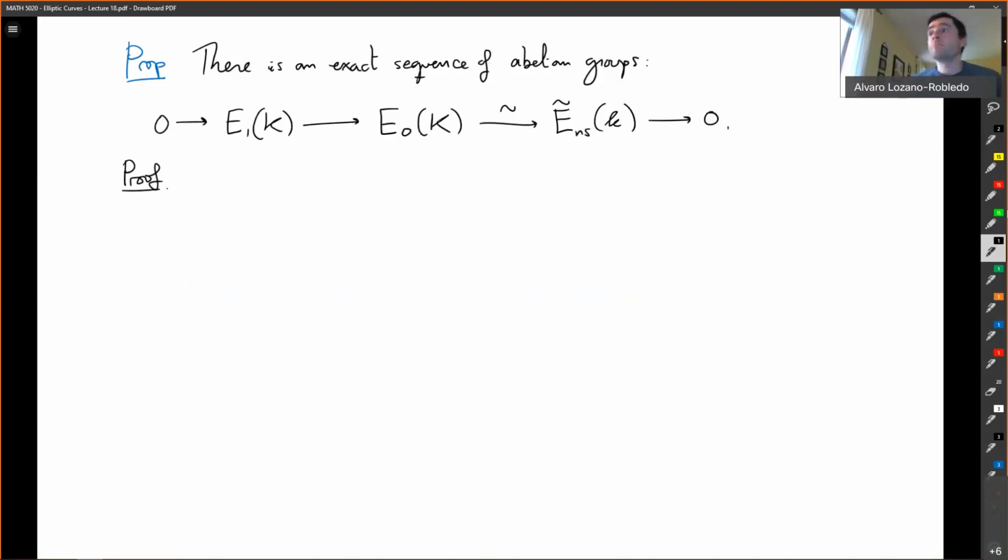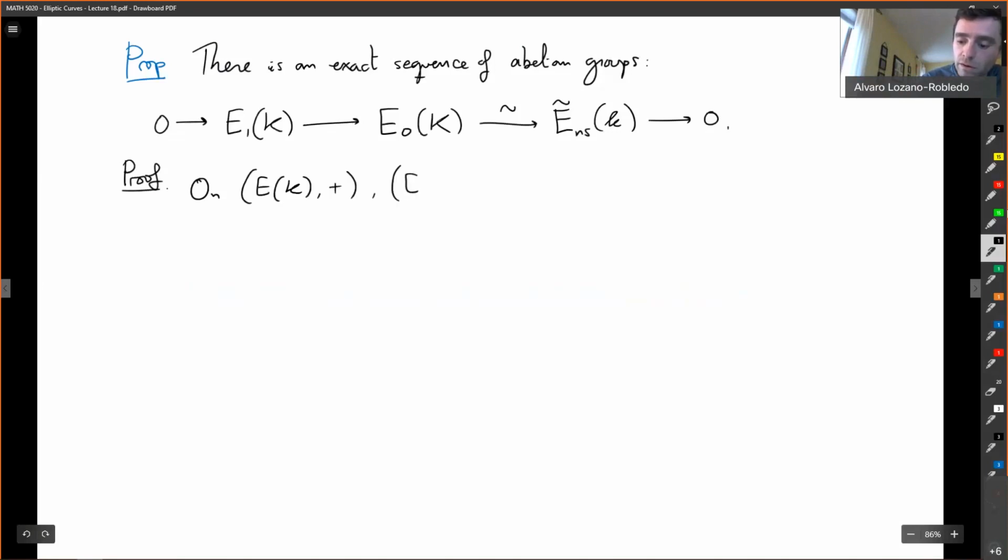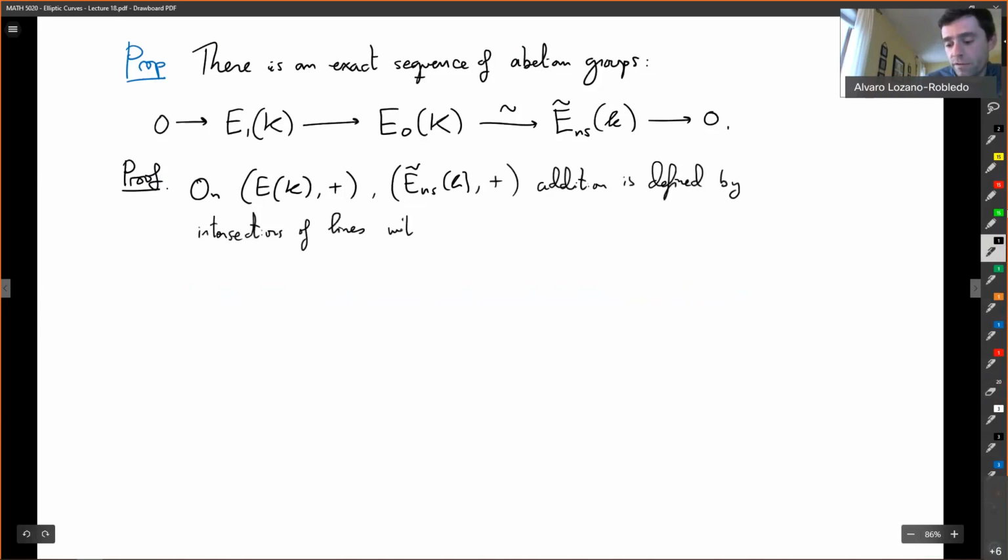On the groups, which are the elliptic curve and the non-singular points, remember that addition is defined geometrically by intersections of lines with the curve in P2.